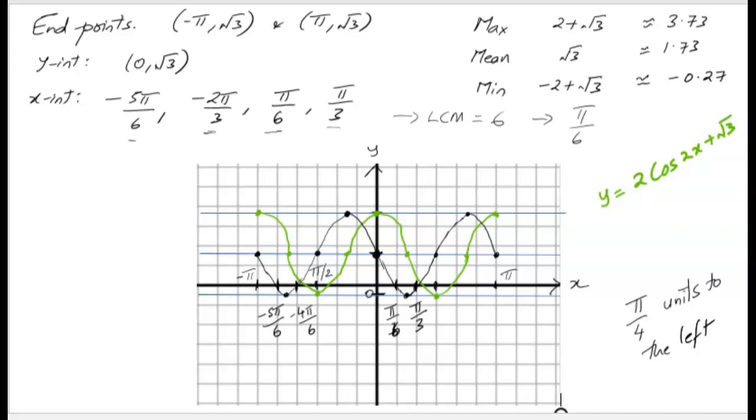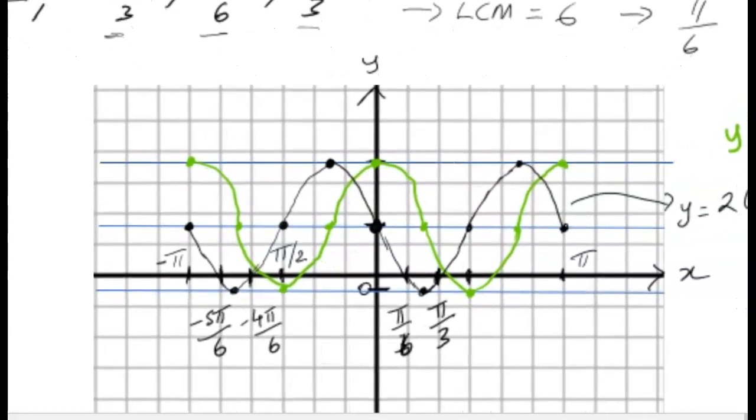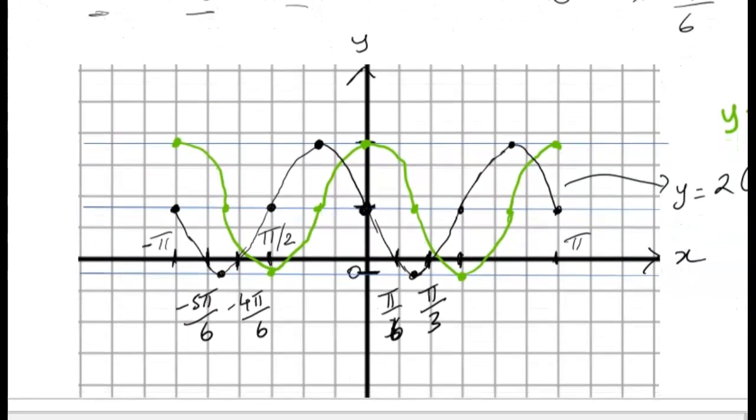So the black graph is equal to y equals 2 times cos 2 brackets x plus pi on 4, plus the square root of 3. I'm just going to emphasize this one particular thing. I'm just going to zoom it in a little bit so we can all see it really clearly.